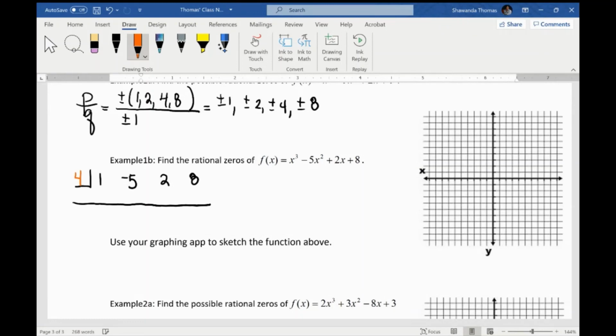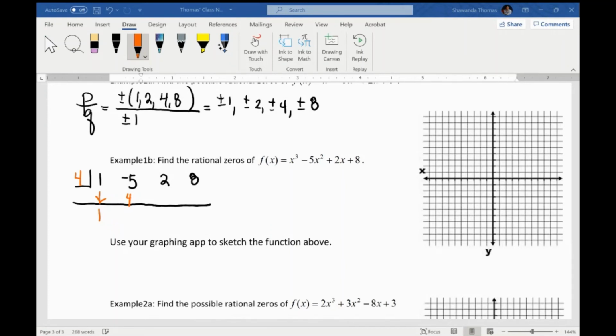Okay, let's see. We got 1. Somebody other than Nikiria and Alicia, what's the next number we're going to write down? 4. All right.